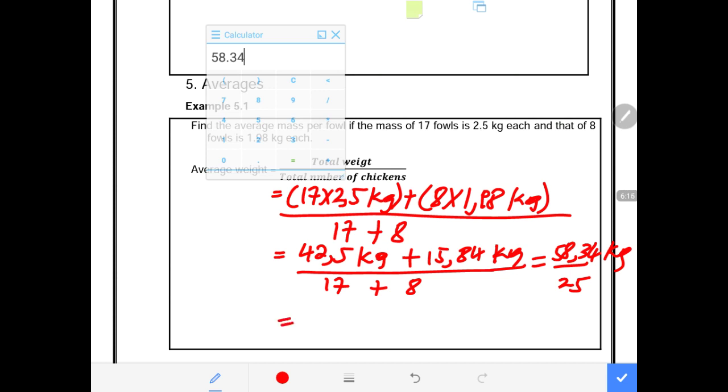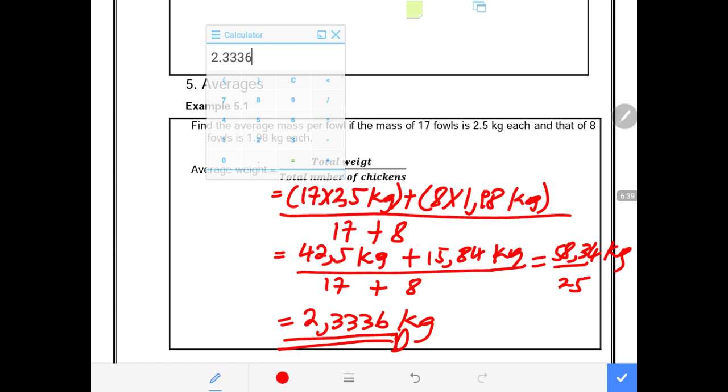So our final answer will be 58.34 divided by 25, and we get 2.3336 kgs. So this will be the average weight for the total of the 25 fowls or chickens. Average weight for all of them.